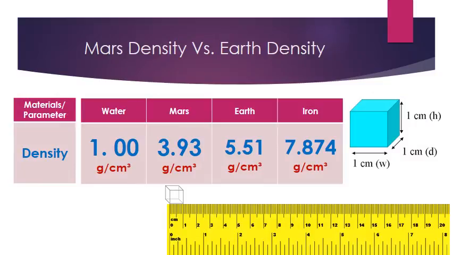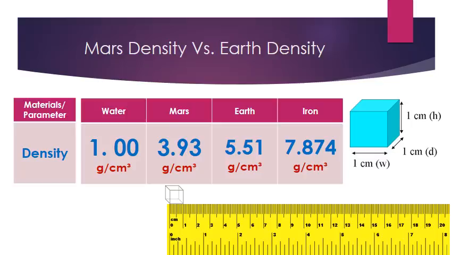We're going to be comparing water density, Mars density, Earth density, and iron density. The water density is 1 gram per cubic centimeter. Mars's density is 3.93 grams per cubic centimeter.